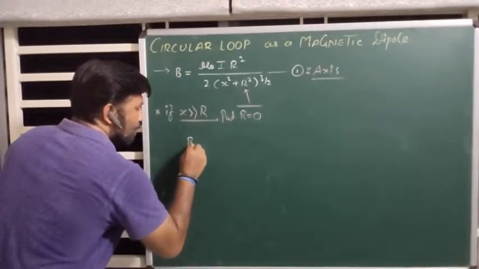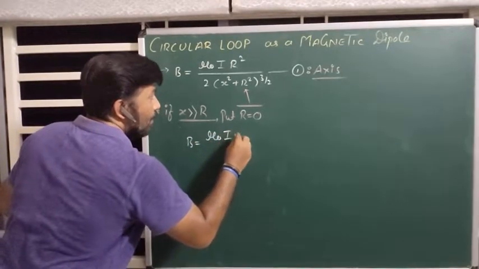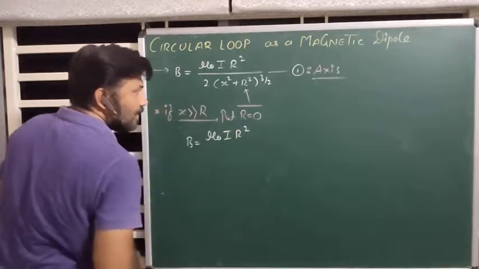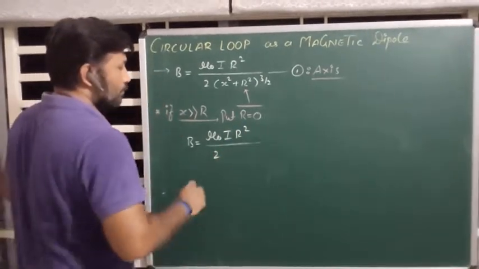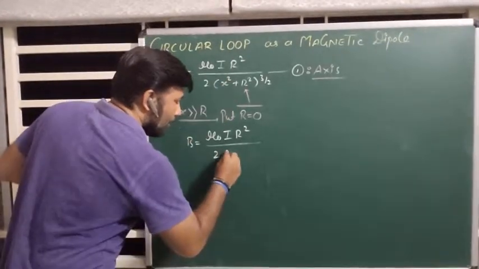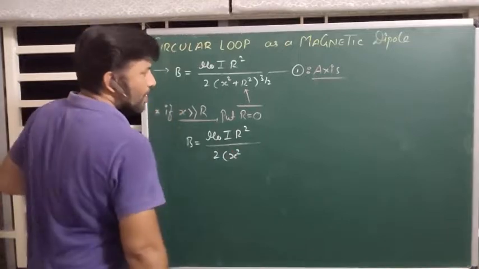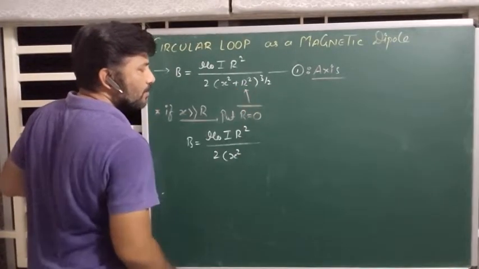B is equal to mu 0 I R square as it is upon 2, x square only. We have placed R value 0, so this term becomes 0.